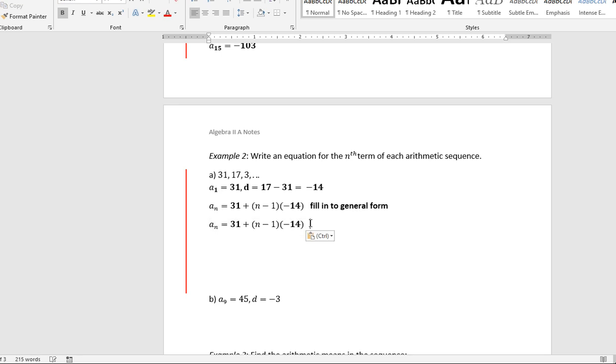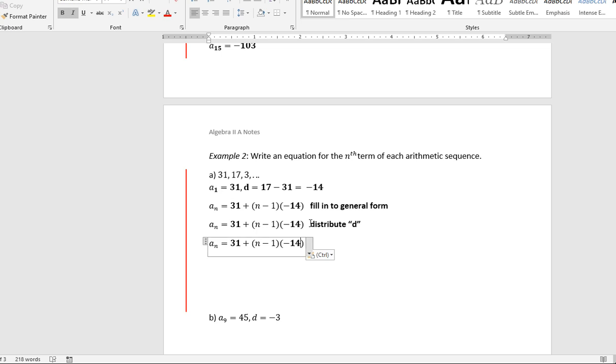So we'll take this and we will distribute the d. So we'll take the negative 14, and that will give us this will become minus 14n, and then negative times a negative is plus 14.